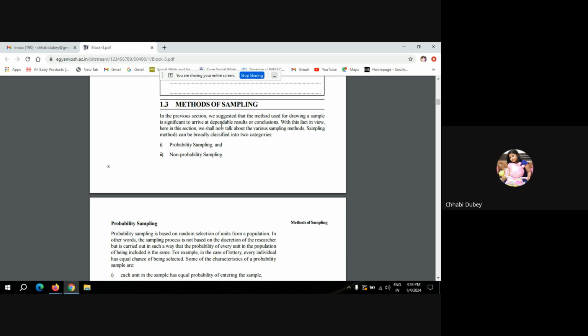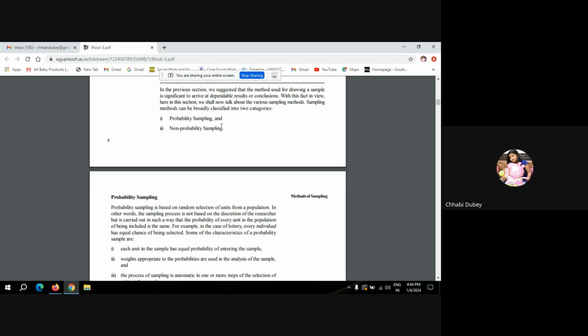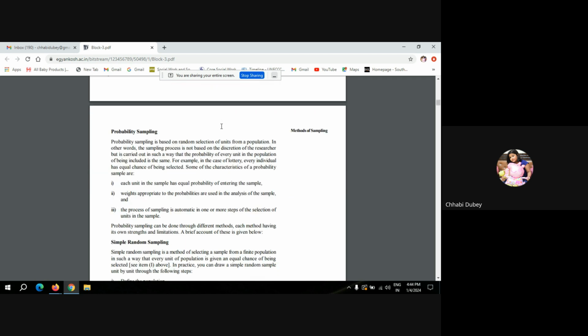It may be done by a lottery system, or by following a list and other things. So every individual has an equal chance of being selected here. Probability sampling is based on random selection of individuals.